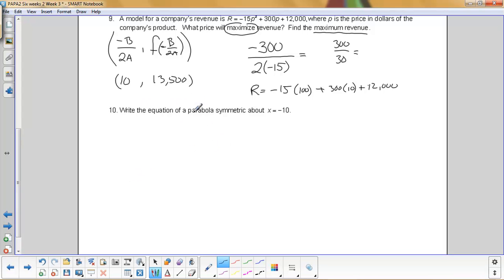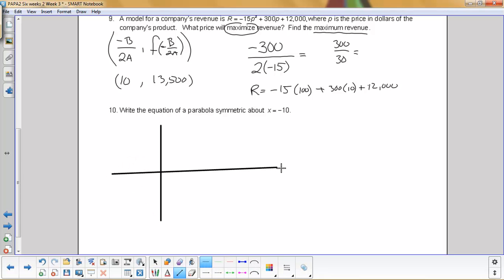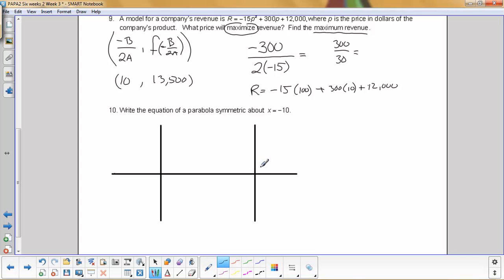Writing an equation of a parabola that is symmetric about the line x equals negative 10. I'm going to visualize what's happening here by drawing myself a coordinate grid system. So here's my origin, (0, 0), and here is my line, x equals negative 10.